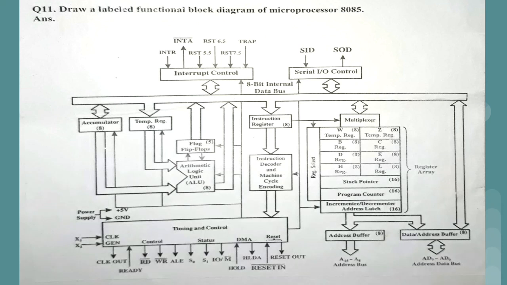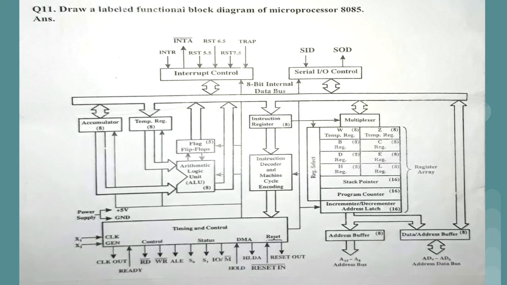All these pins are connected to one section, that is the interrupt control section. After that we have also seen 2 pins, SID and SOD, serial input data and serial output data. So a serial input output control section is there on the IC, to which these 2 pins are connected.